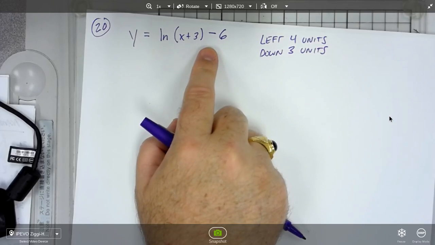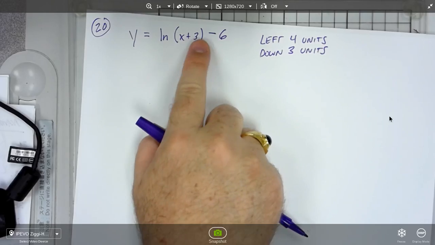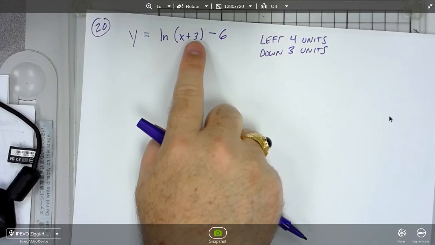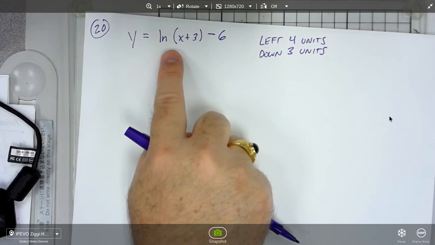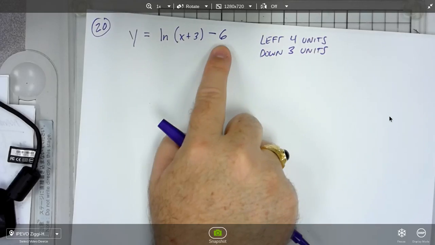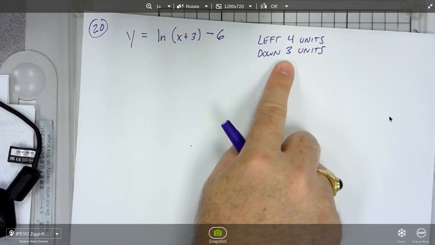It's always the one that's outside your actual function. It's the constant that you've added to or subtracted from the function. So this function, the natural log of x, is actually shifted down 6 units, and you want to move it down another 3 units.